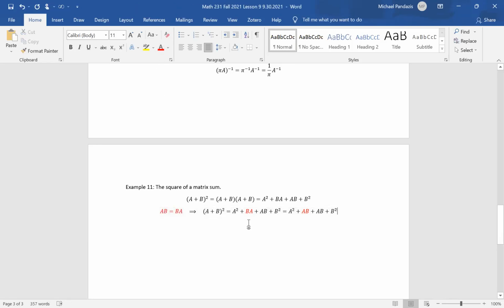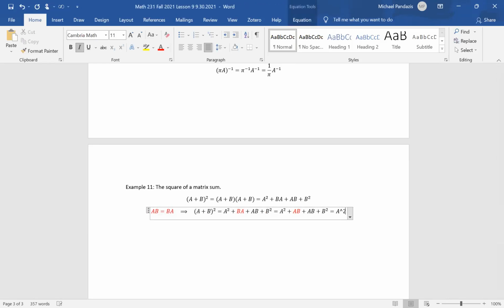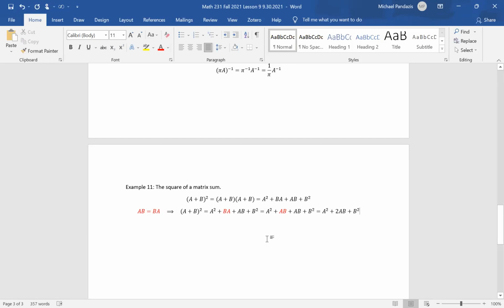And now you can say it's equal to A squared plus 2AB plus B squared. Okay, but this is only if AB equals BA.